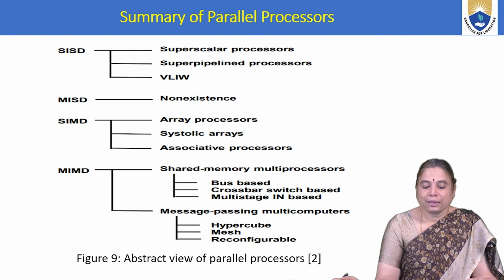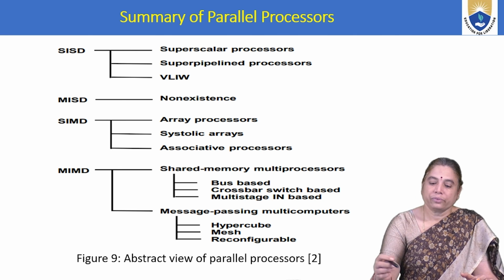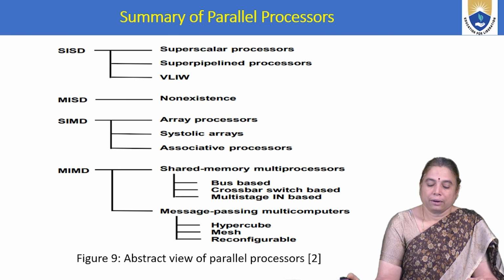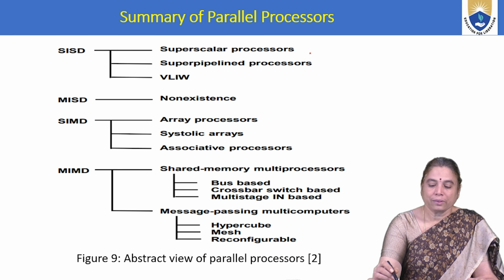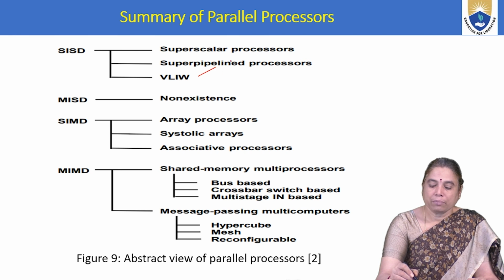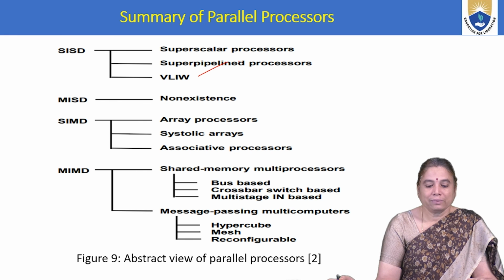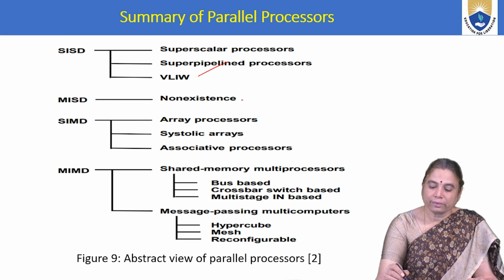These SISD, MISD, SIMD, MIMD architectures can be generally used, and the major characteristics and features are illustrated with this diagram. SISD can be used in superscalar processors, super pipelined processors, and VLIW processors. MISD is non-existent.